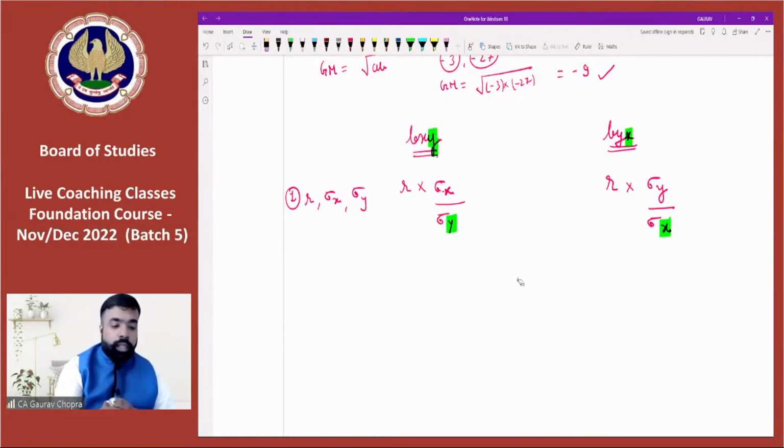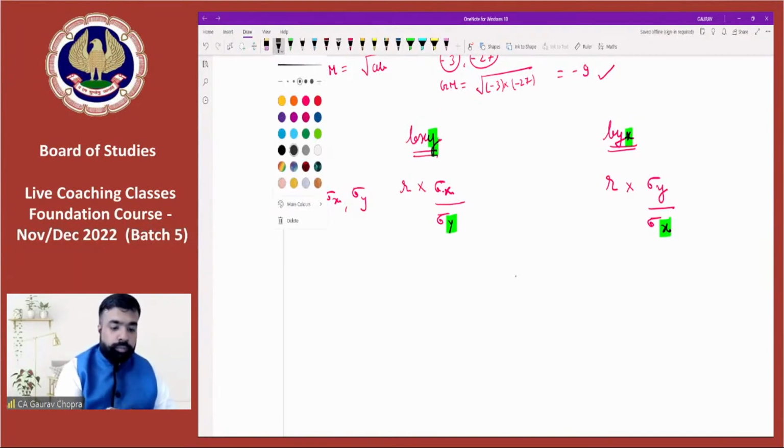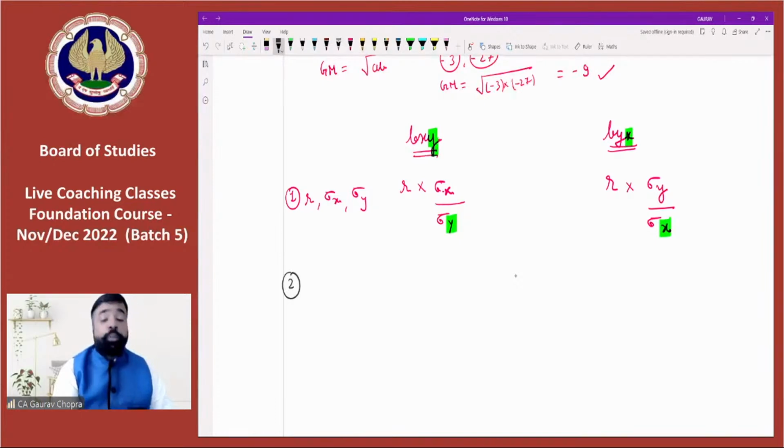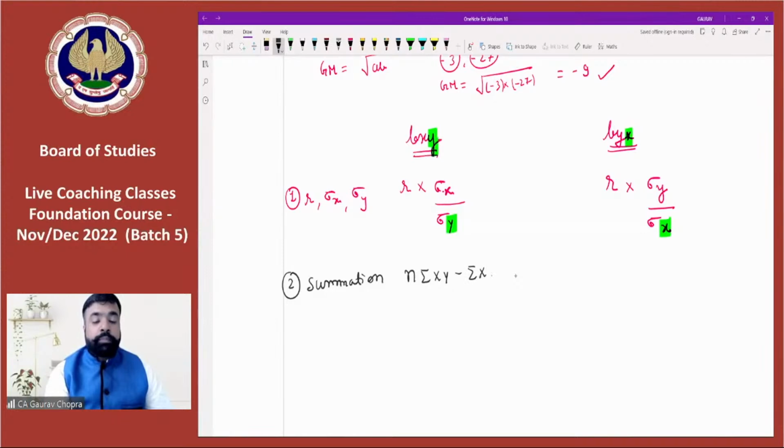Now, let us write the second formula. Other formulas are similar to that of correlation. If you remember the formula for correlation, that is the summation method, it is almost the same. So the numerator is exactly the same: n sigma xy minus sigma x multiplied by sigma y upon.